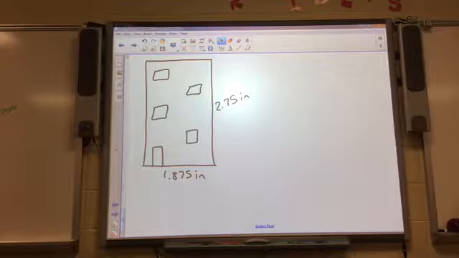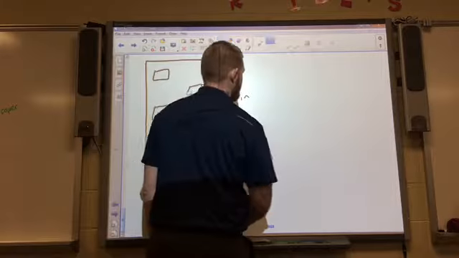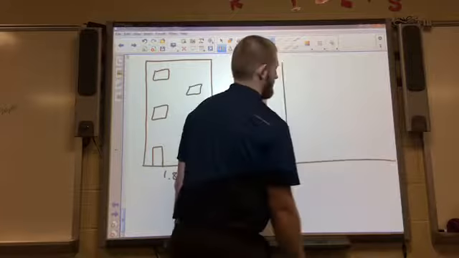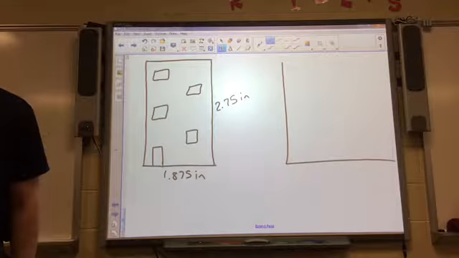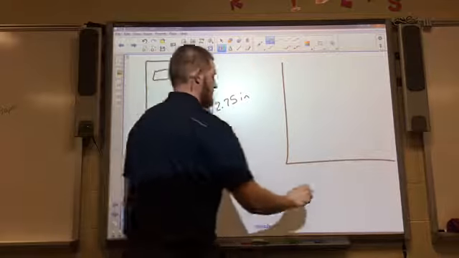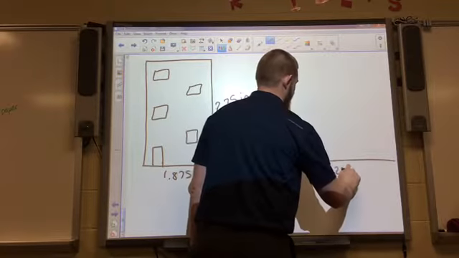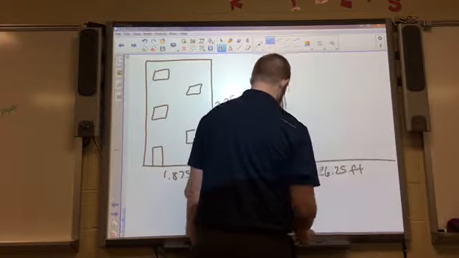Okay, so maybe this is a picture of the school or something like that. The actual building is 26.25 feet wide.